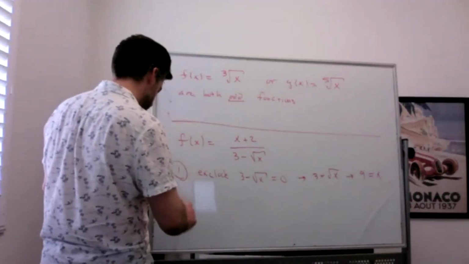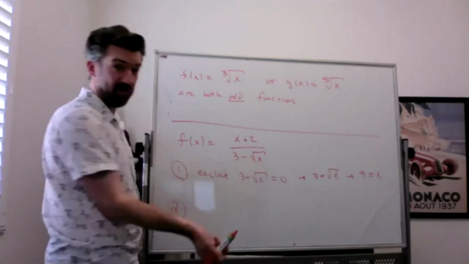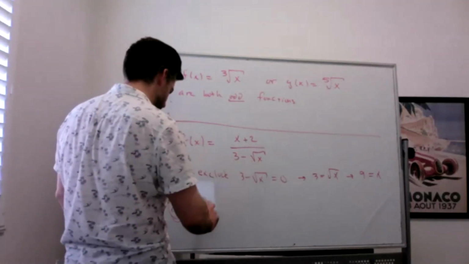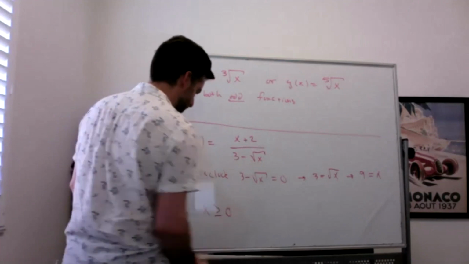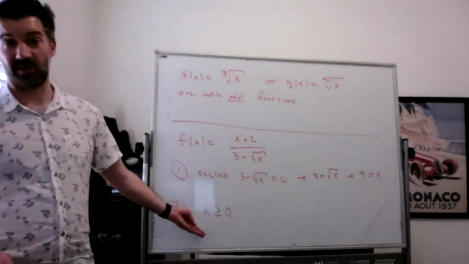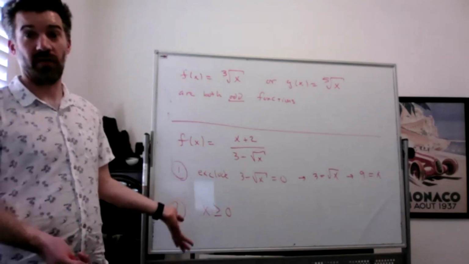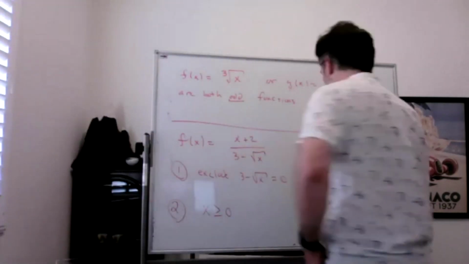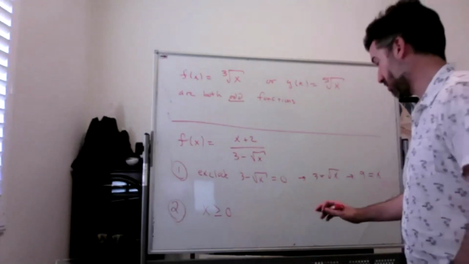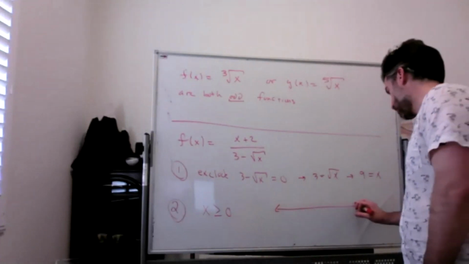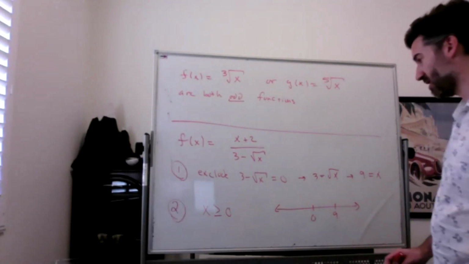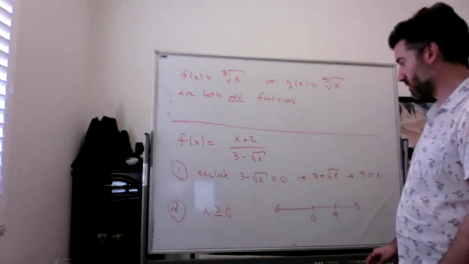And then we also need, for our square root, right, we have a square root of x. So we have to say, well, the insides of the square root have to be greater than or equal to 0. This one, there's nothing else to do, right? We've already solved the inequality by just writing that down. So then we need both of these in conjunction with each other. So looking at my number line, there's 0, there's 9. I want x to be greater than or equal to 0.